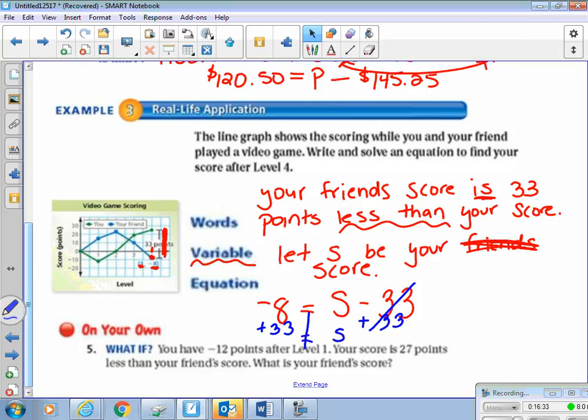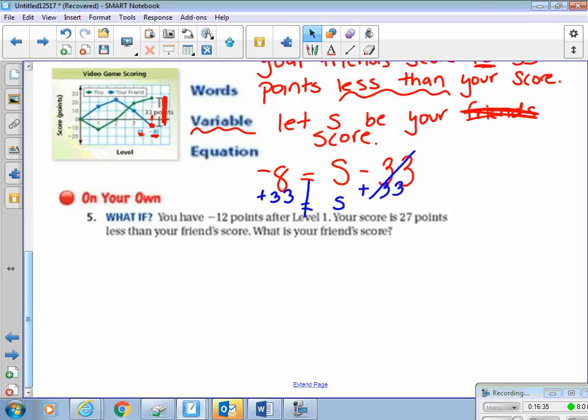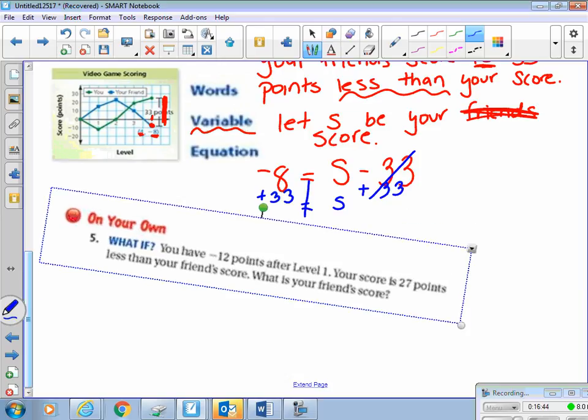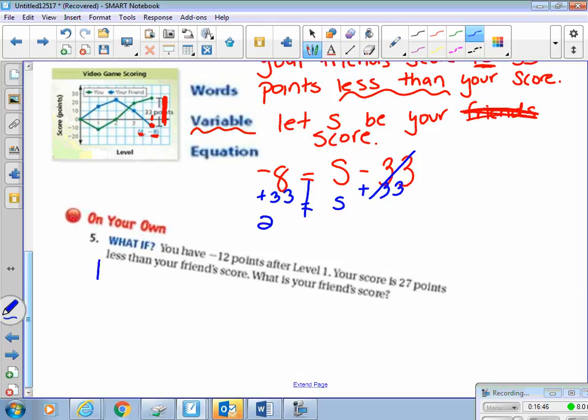And -8 plus 33 leaves me with a positive 25. Bring that S down again.